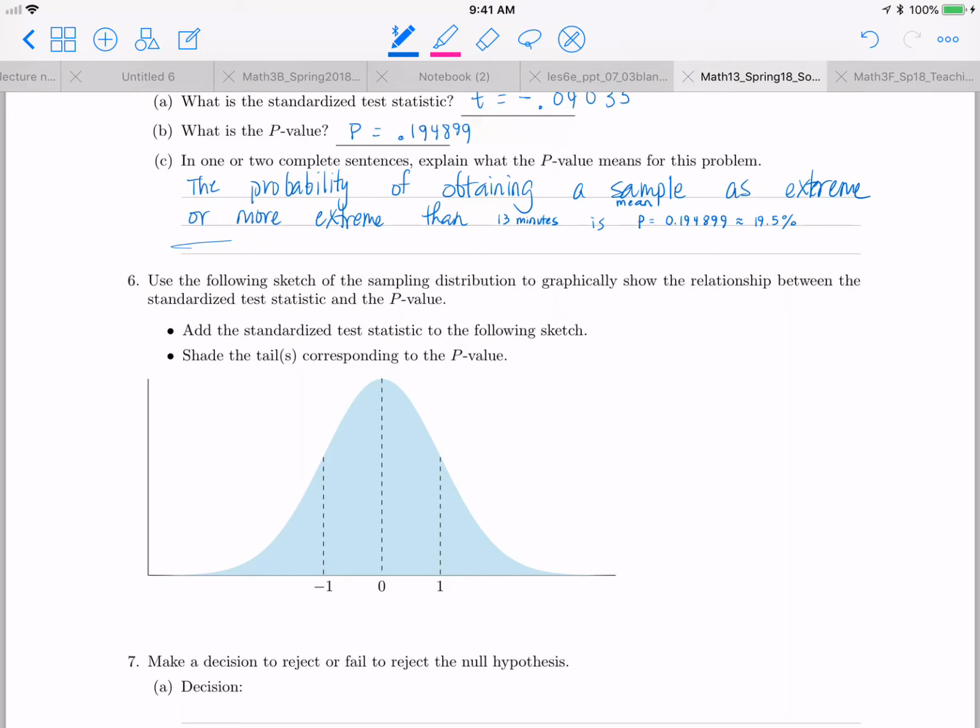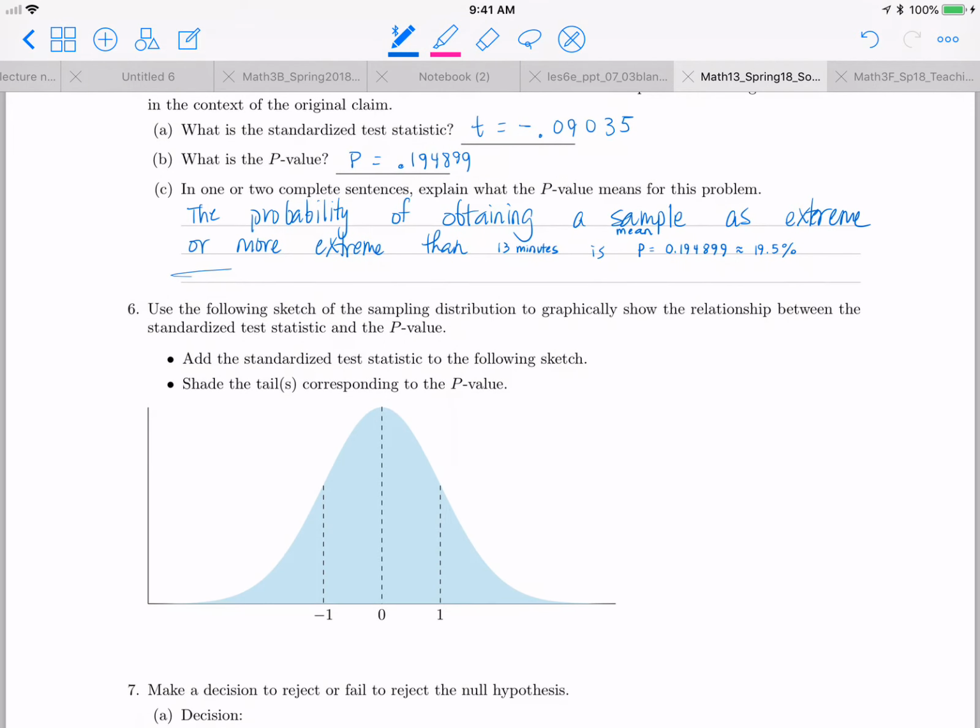So my standardized test statistic is negative 0.09, and the p-value is 0.19. It still looks a little odd.